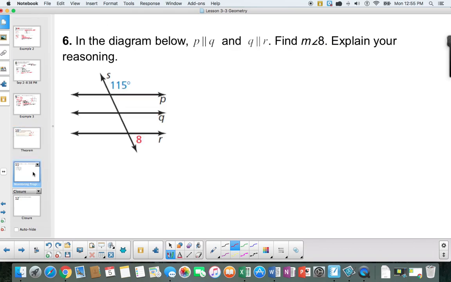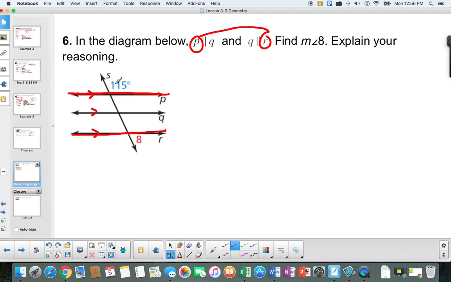Okay, in this diagram we have some parallel lines. We know that this line is parallel to this line, and we know that Q is also parallel to R, so they're all parallel to each other. And we'd like to be able to find angle 8. Since all of these are parallel to each other, I know that P is parallel to R, using the transitive property I just talked about.